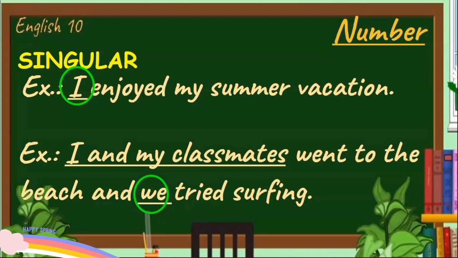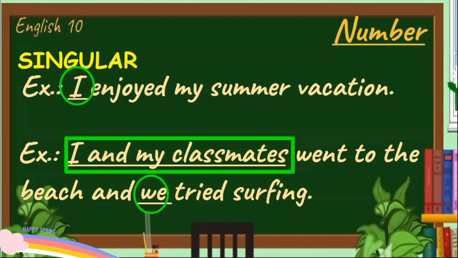So we here is our pronoun that stands for I and my classmates. So it is considered as plural. Why? Because we is a substitute word for I plus my classmates, which is more than one concept. Are you getting it?